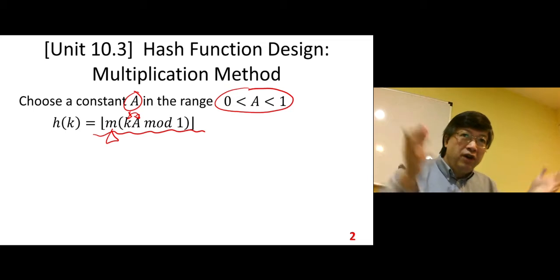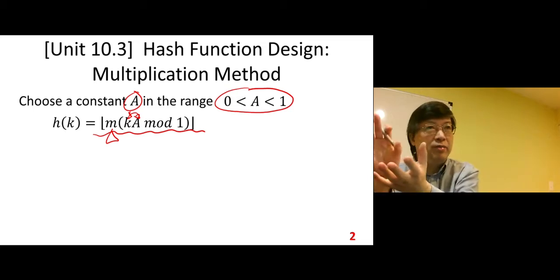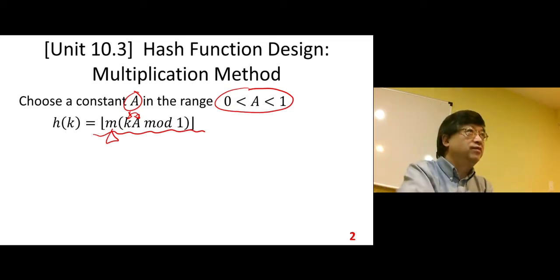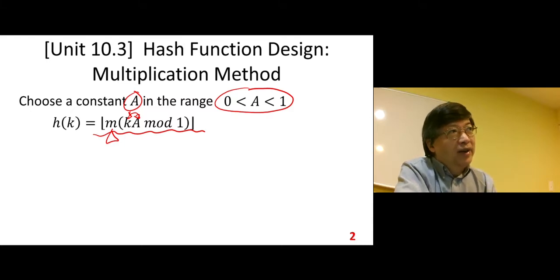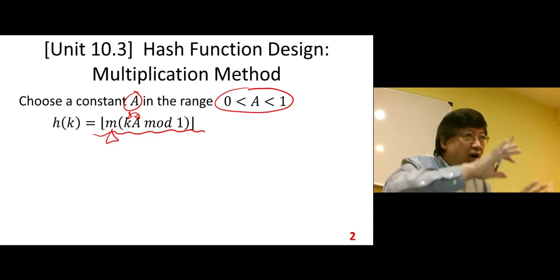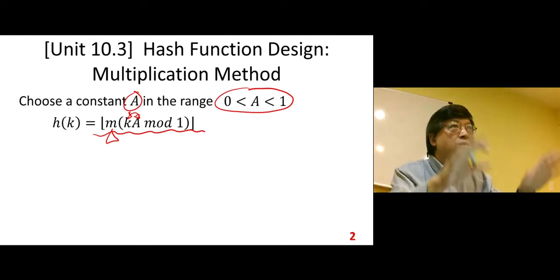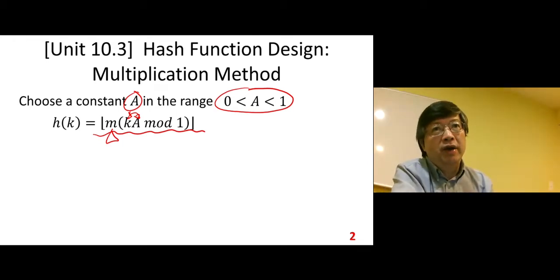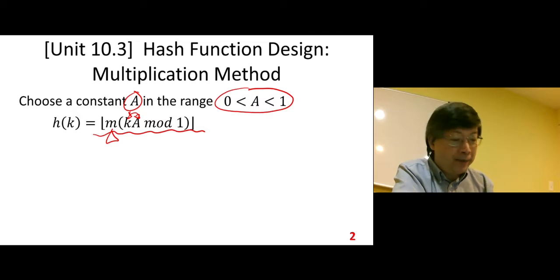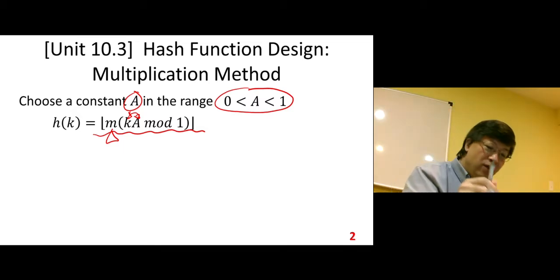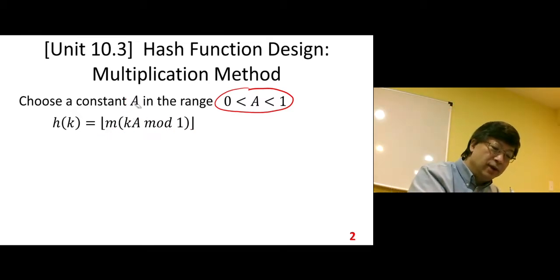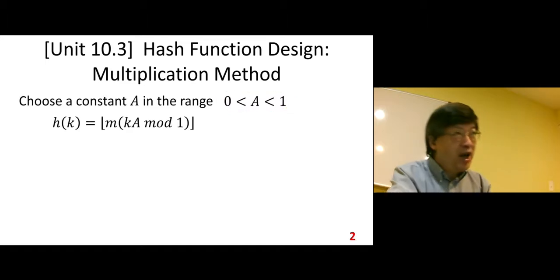Then you take the floor function to remove the fractional part, so you get an integer. Think about it. Here we tried very, very hard. The goal is to break any given pattern in the data. Hope this method works. There is a good chance it works.